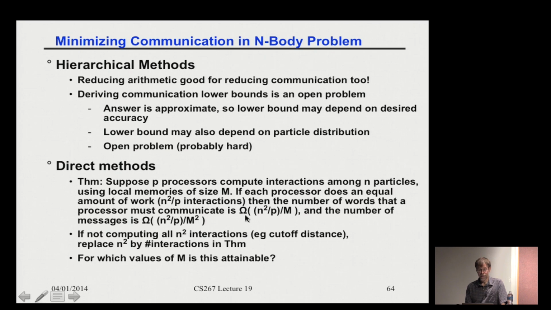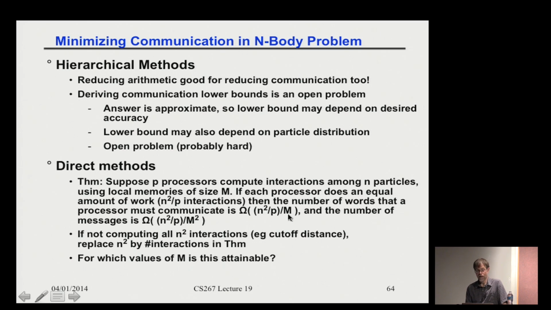And here's the answer. It's lower bounded by a constant multiple, that's what big omega means, of the amount of work each processor does, which, if there are n squared interactions and it's load balanced, is n squared over p, divided by its local memory size. So this is not quite the same formula, but it's very similar to the formula for linear algebra. For linear algebra, the numerator was, again, the amount of work, but that was n cubed over p.